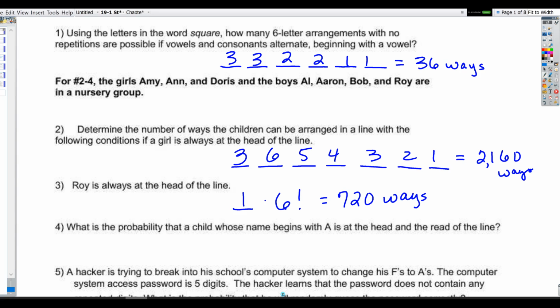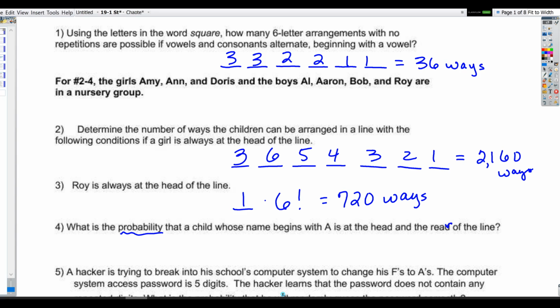Okay? Now, 4. 4 is probably the hardest one. What is the probability that a child whose name begins with A is at the head and the rear? This should say rear, guys. And we're looking for probabilities here, not combinations or counts.